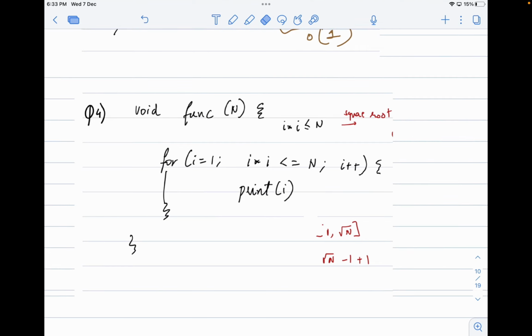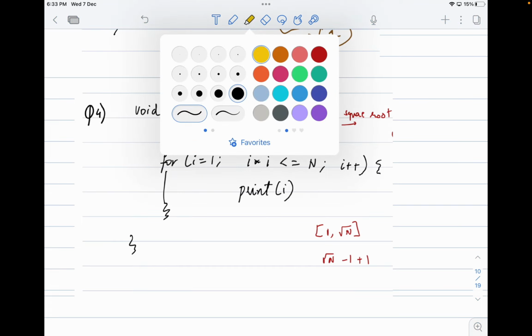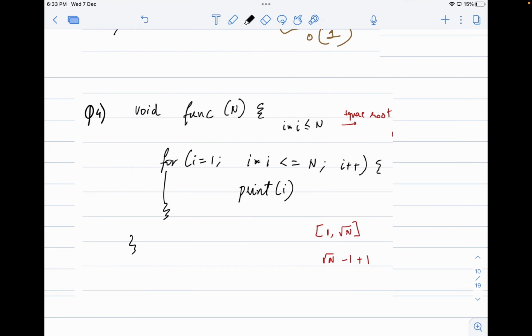Okay, let's talk about this. Tell me this, your I is starting from 1, till where is it going, and how many iterations are happening here? Now you cannot say 1 comma n is equal to n.